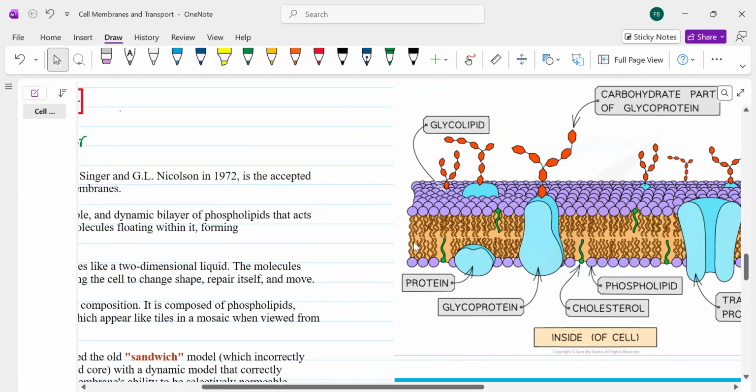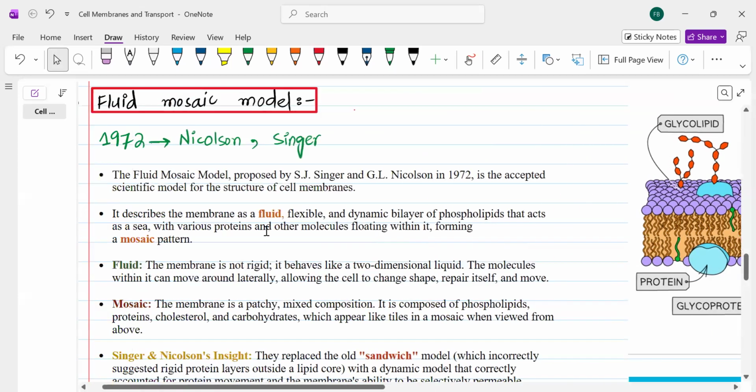Are you getting my point? Fluid. So it describes the membrane as a fluid, flexible, and dynamic bilayer of phospholipid that acts as a sea, with various proteins and other molecules floating within it, forming a mosaic pattern.